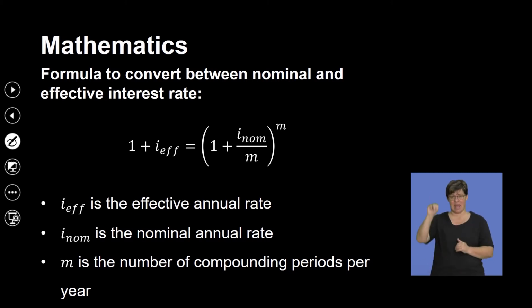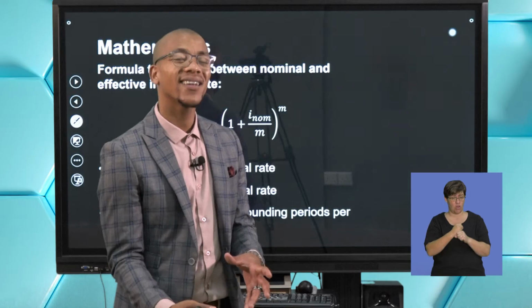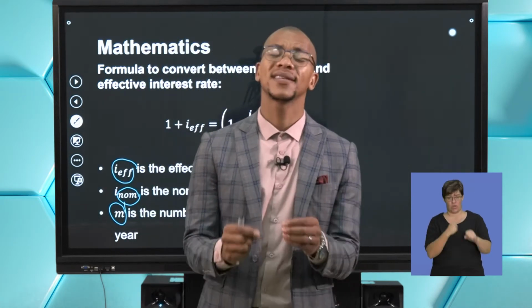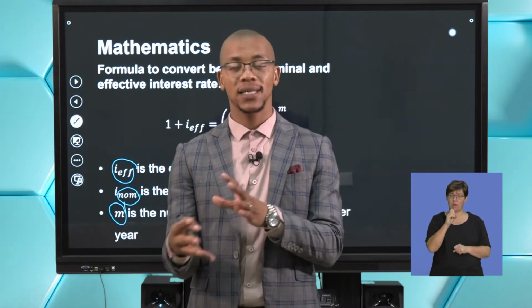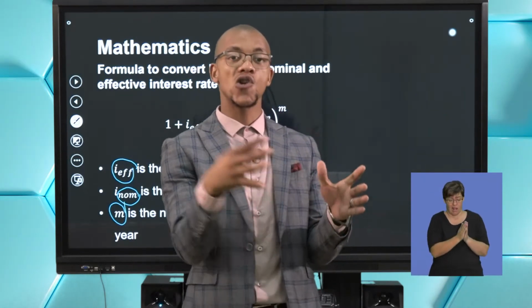Where the labels are, i effective already tells you that that's the effective annual rate, and then nom means nominal annual rate, and then m will be the number of compounding periods per year. Now, compounding periods per year, I said at the end it says per year. What this specifically means is we don't look at nominal and effective interest rate over a longer period of time.